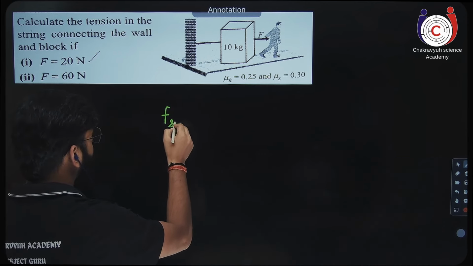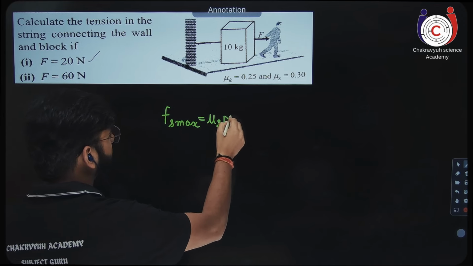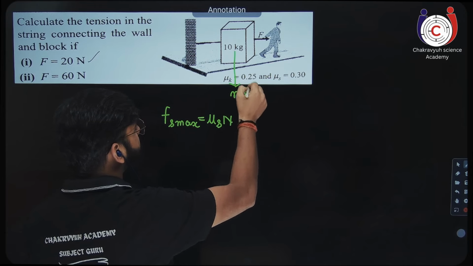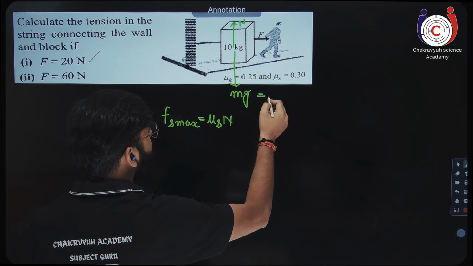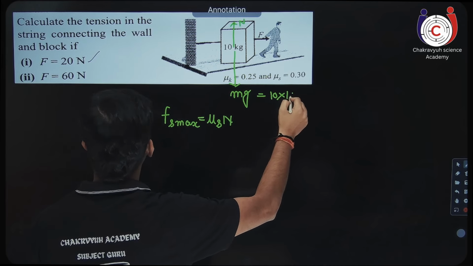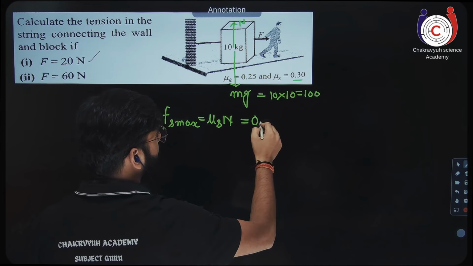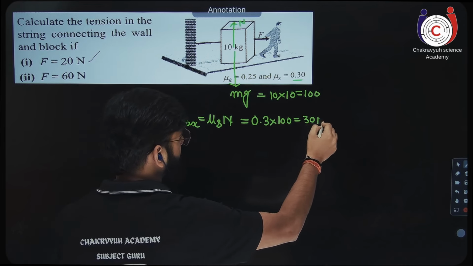First of all, you calculate Fs max. So Fs max is mu s into N. Normal force will be equal to mg in this case. So N will be equal to mg. So m is 10 into 10, 100. So mu s is 0.3, 0.3 into 100, which will be 30 newtons.